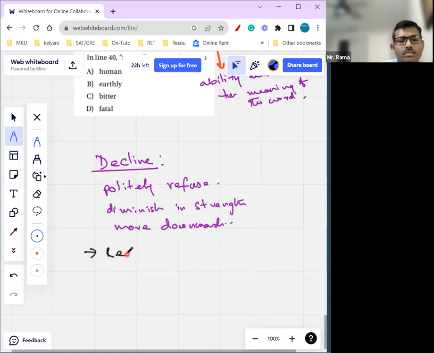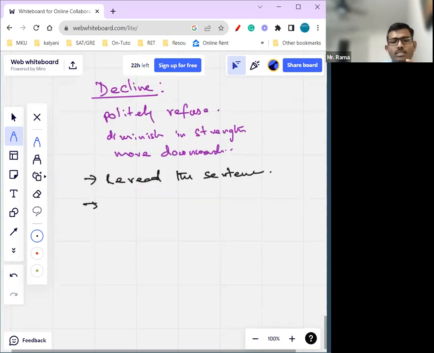Reread the sentence in that line carefully. Once you've read through it, recall the purpose of the paragraph.